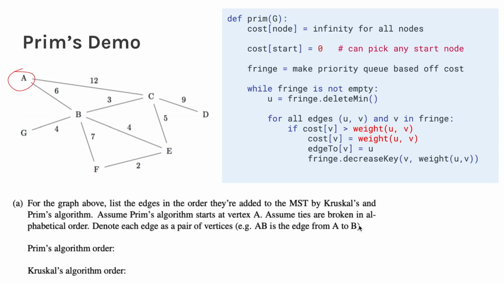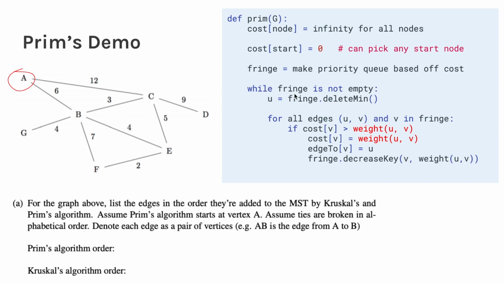So we're going to start with Prim's, and I've put up the pseudocode for your reference again. So we're going to start at A. So the cost of A is going to be 0, and we're going to add that to the priority queue. All the nodes are going to be added to the priority queue with cost infinity, and then A is going to be added with cost of 0.